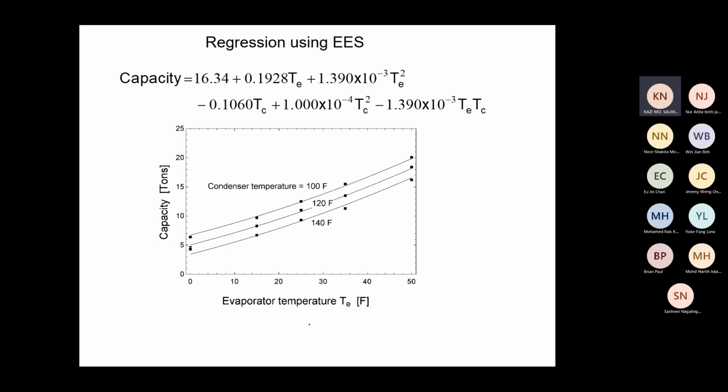How many tons, considering the evaporative temperature is a function of the capacity. So we see here that as the temperature gradually increases, the capacity curve goes downwards.